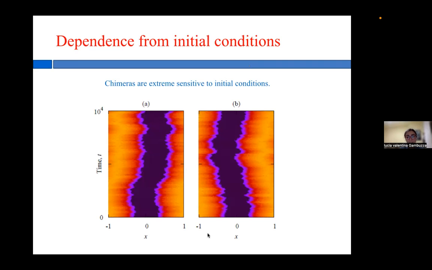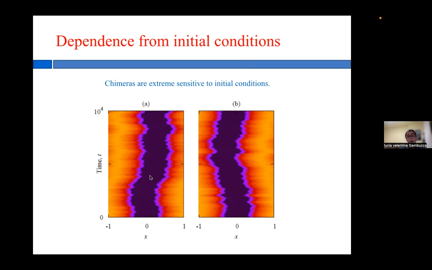Here, for example, you can see two different distributions of the initial condition and two totally different distributions of the coherent domain, which is the violet one in the middle, and the incoherent one.